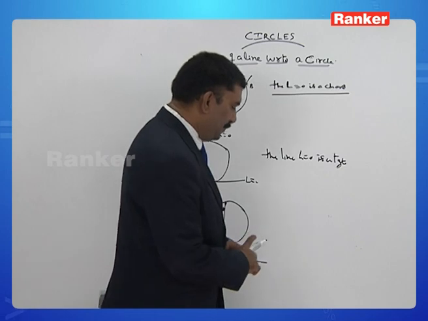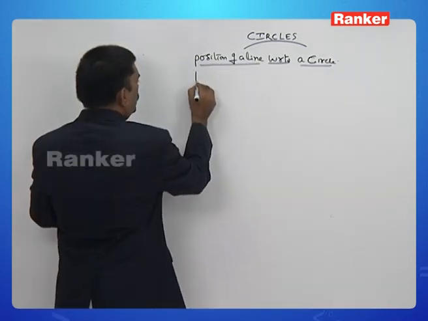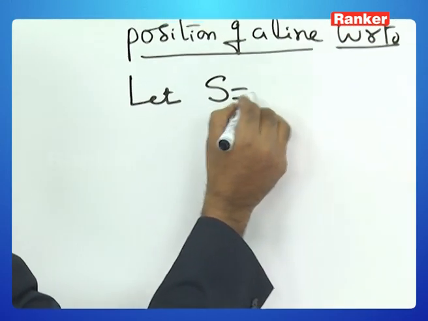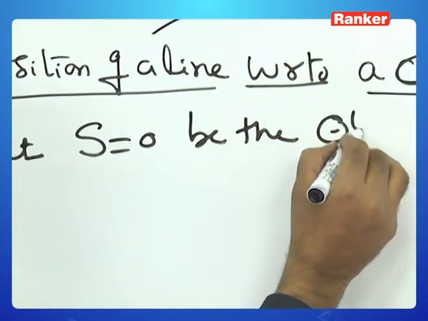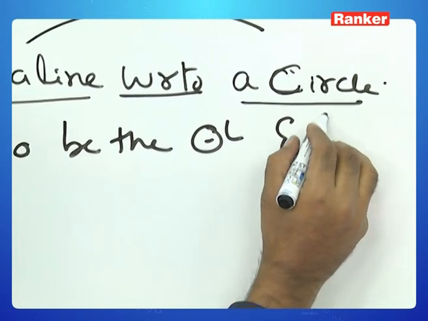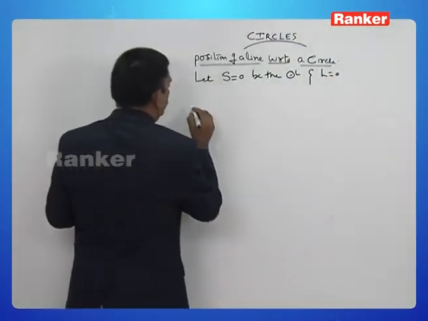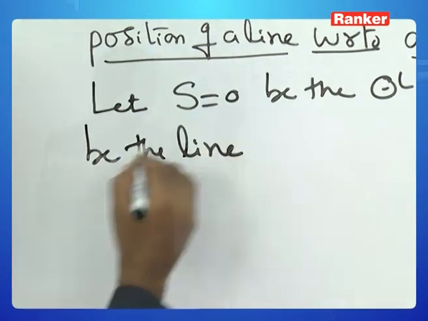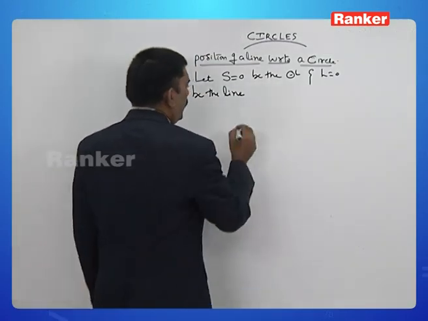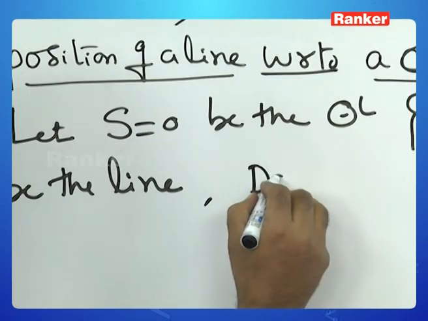Okay, now coming to it, let S is equal to 0 be the circle and L is equal to 0 be the line.